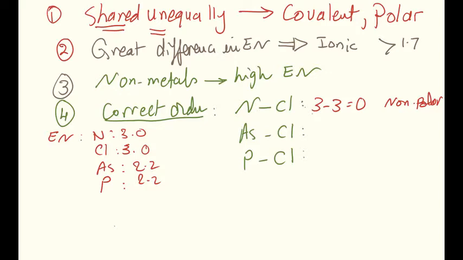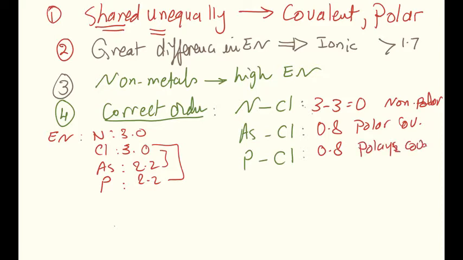As and Cl: 3 minus 2.2 will be 0.8. So it's more than 0.4 and less than 1.7, so it's polar covalent. Here, P and Cl, also 3 minus 2.2, will be 0.8, so it stays polar covalent.